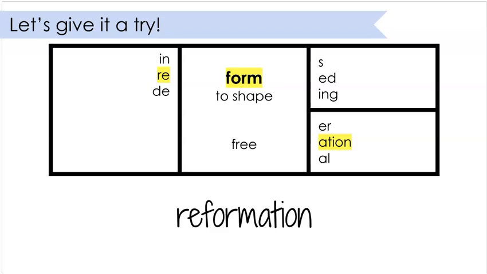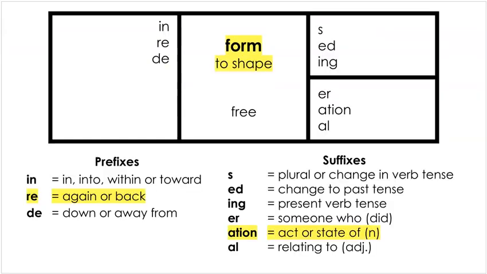Now, you might think, oh, I can make a bunch of words, and that's fantastic, but it's not enough just to make a bunch of words. As a reminder, we've been using all of these. So we have to know that re means again or back. Form means to shape. Ation is the act or state of. So when I put that together, I've got to add all those definitions.